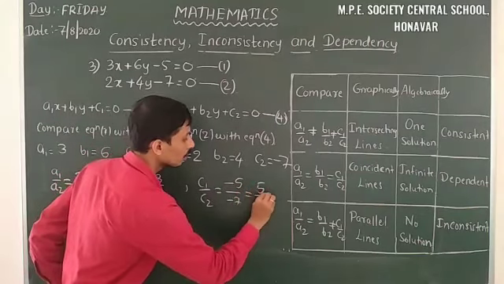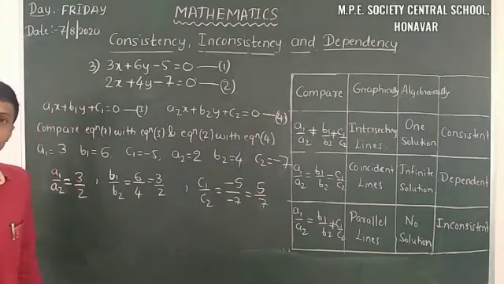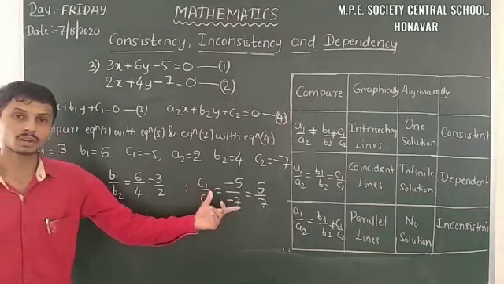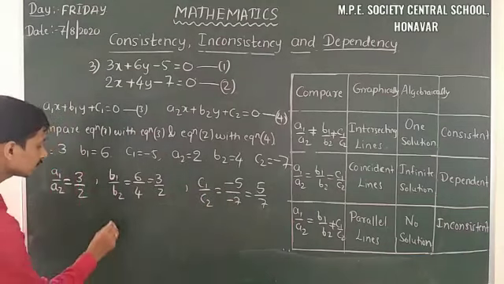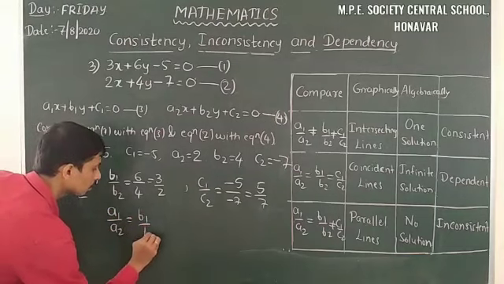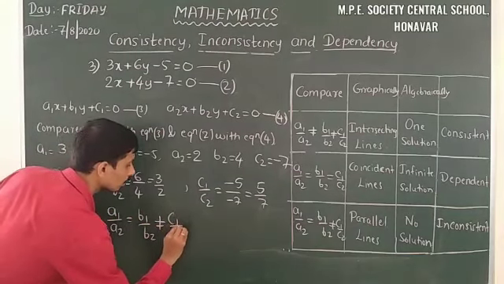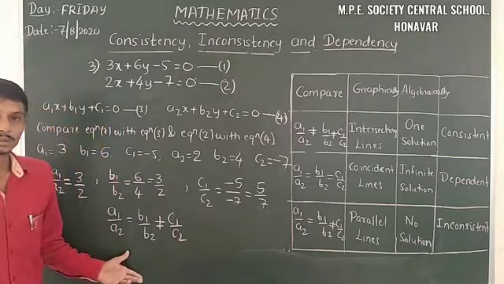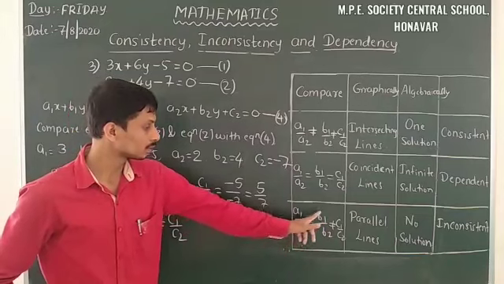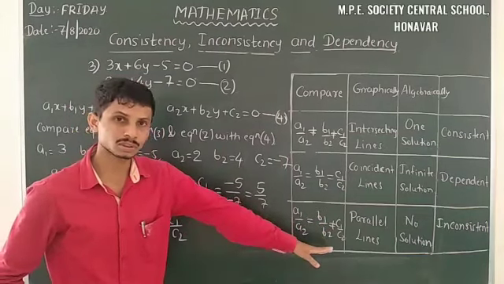This is equal to 5 by 7. Then we can compare. So here a1 by a2 and b1 by b2 are 3 by 2, but not equal to c1 by c2. So here the case arises like this, that is a1 by a2 is equal to b1 by b2 is not equal to c1 by c2.